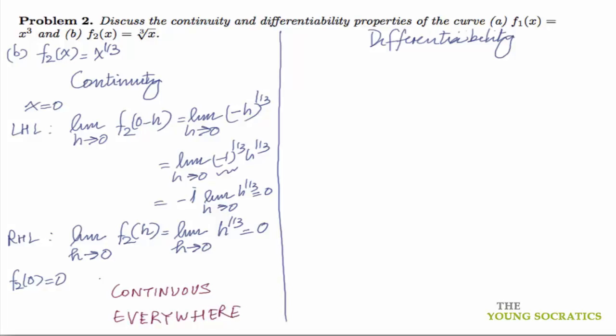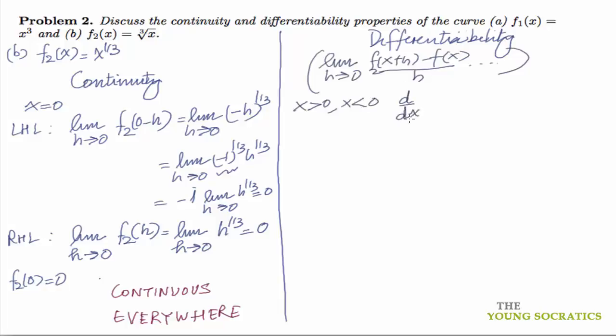Now we study the differentiability properties. For x greater than 0 and x less than 0, instead of going through the cumbersome process of checking the right hand derivative and left hand derivative by using the definition (f(x plus h) minus f(x)) by h, which can become cumbersome, we can use the straightforward result that d by dx of x^n is n x^(n minus 1).